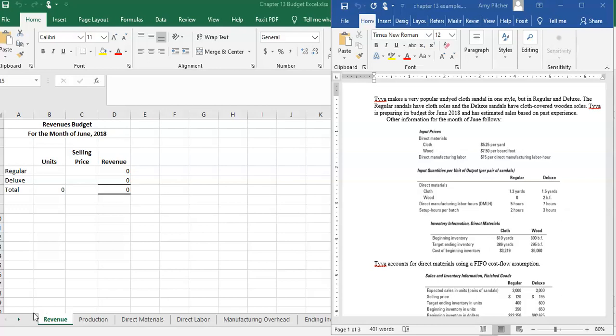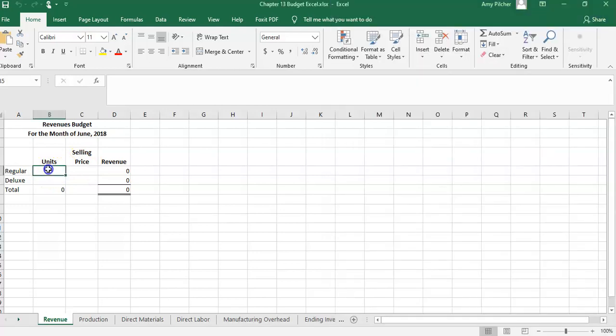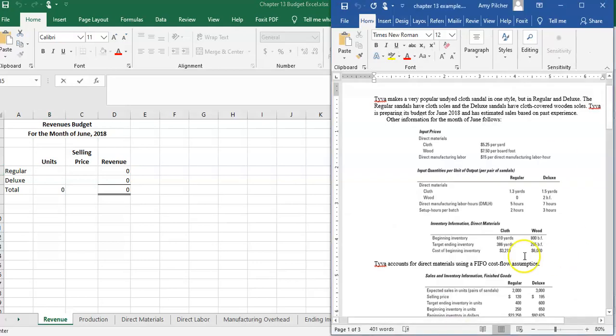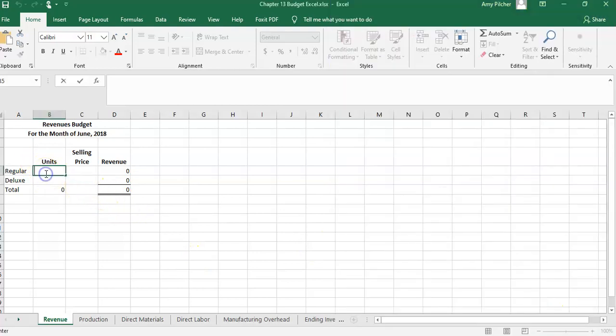We always start with the sales or the revenues budget when we're looking at an operations budget. From this example, we see that we're going to sell 2,000 regular and 3,000 deluxe. So we have 2,000 regular units and 3,000 deluxe.